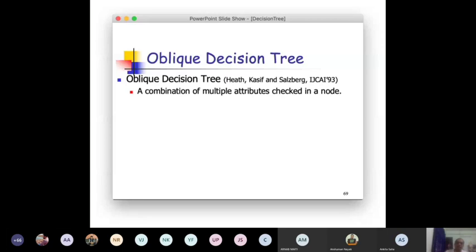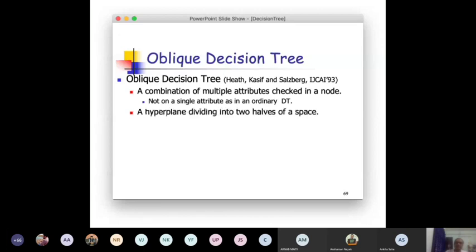Here, as I mentioned, it's not a single attribute, it's multiple attributes. The idea is quite simple and quite interesting: if I consider a multidimensional real-valued space, then you may define a hyperplane in that space. And as you know, a hyperplane in the multidimensional space divides the space into two halves.